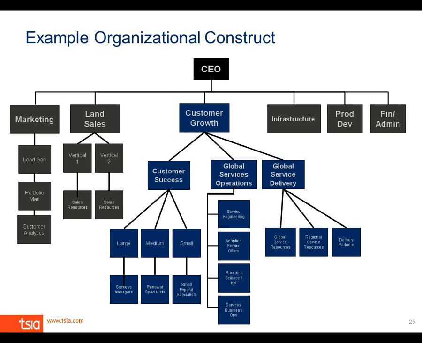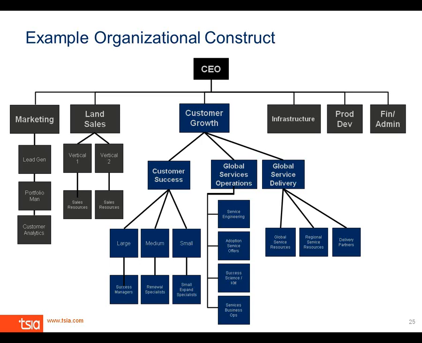I won't go through a lot of it, but marketing is really focused on landing the deal, and sales are really organized vertically. And of course, you've got your other infrastructure, product development, finance. But you'll see in the middle, there's a big focus on customer growth, that adopt, expand, renew activity that we want to look at.